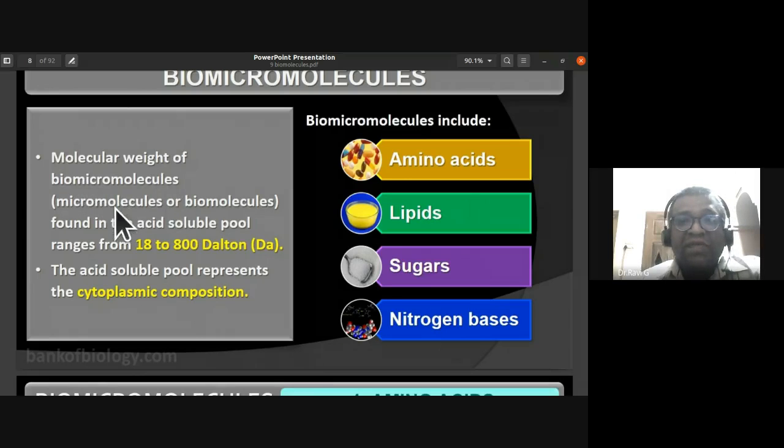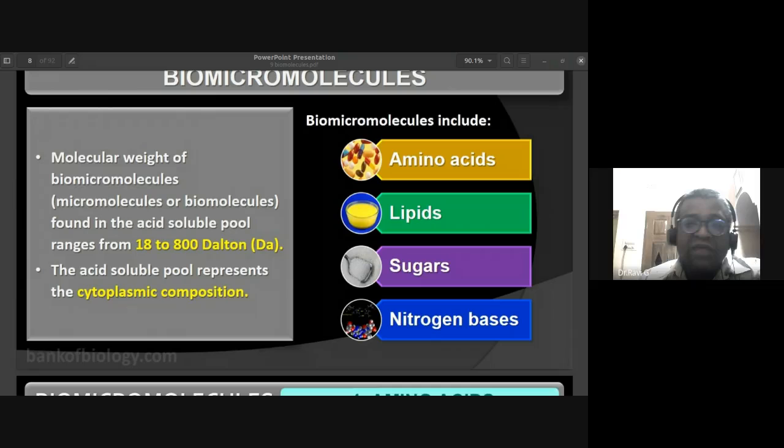The molecular weight of micromolecules, or we can also call them biomolecules, found in the acid soluble pool ranges from 18 to 800 Dalton. The acid soluble pool represents the cytoplasmic composition.